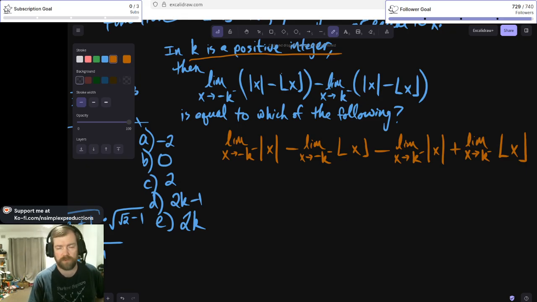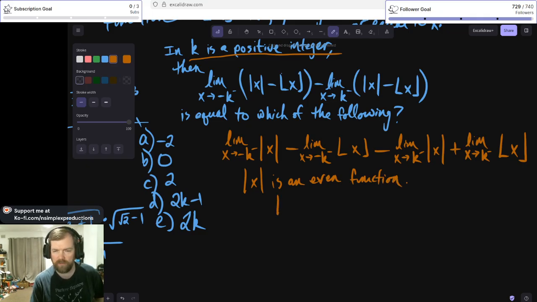Okay, so first of all, absolute value of x is an even function, which means that the absolute value of x is equal to the absolute value of negative x.